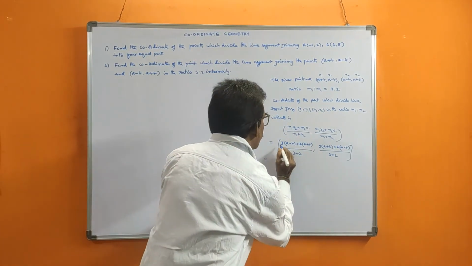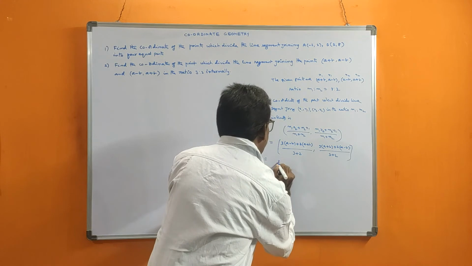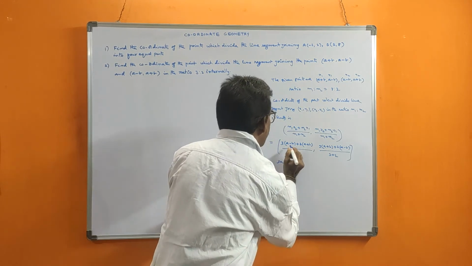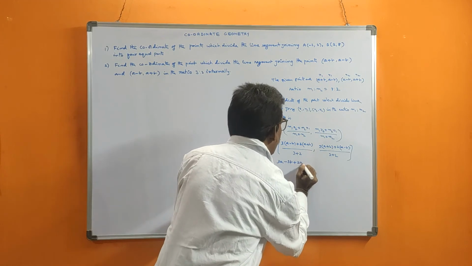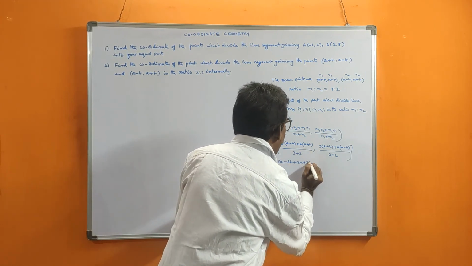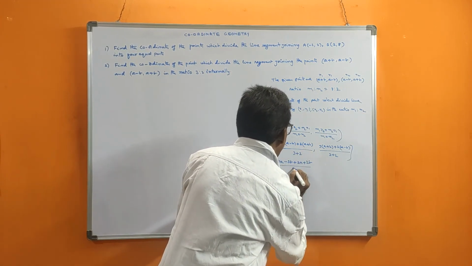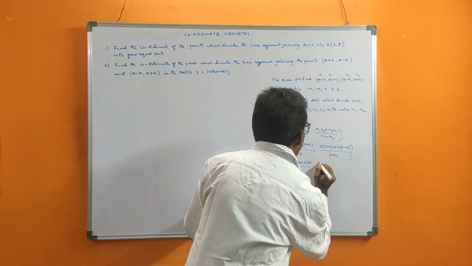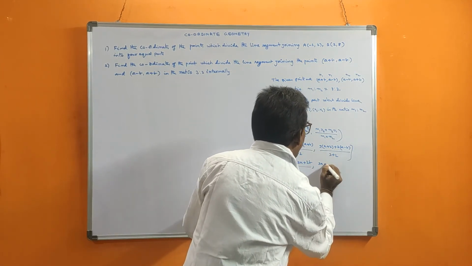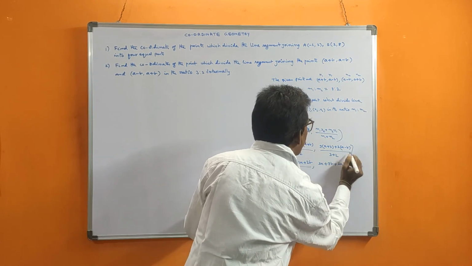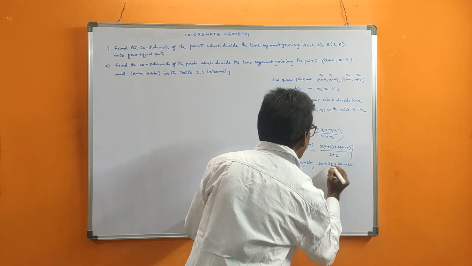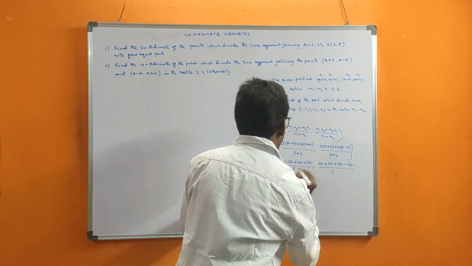Now expansion only. See, 3 into a is 3a, minus 3 into b is 3b, plus 2 into a is 2a, plus 2 into b is 2b, by 3 plus 2 is 5. Here 3 into a is 3a, plus 3 into b is 3b, plus 2 into a is 2a, minus 2 into b is 2b, by 5.